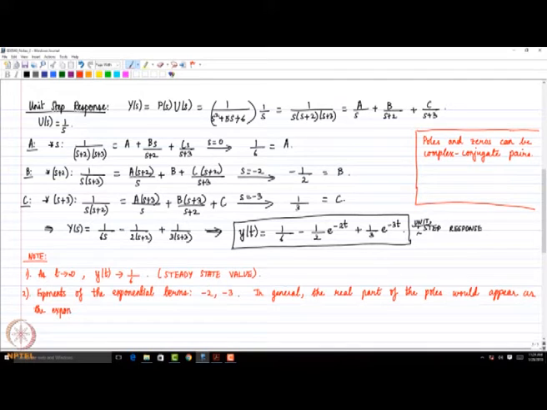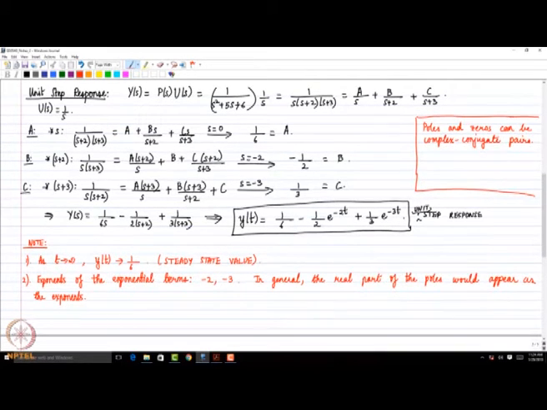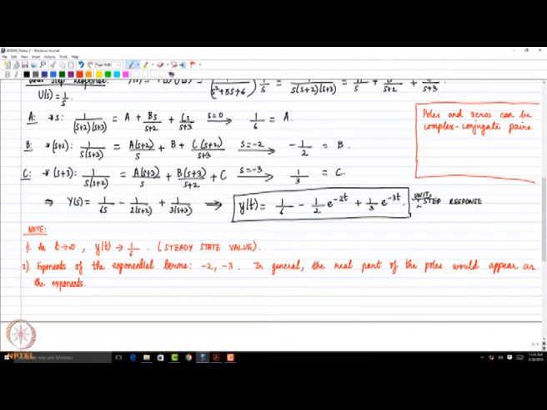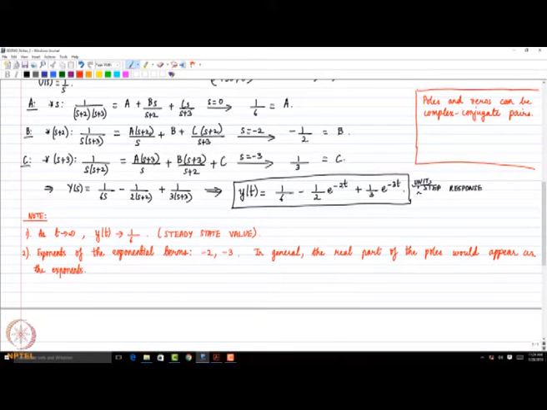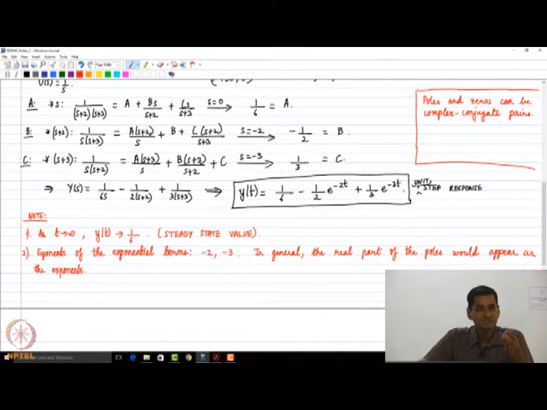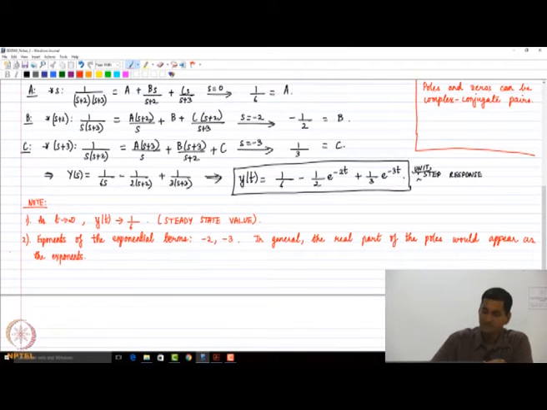Since I have two poles in this example, I am going to have two exponential functions, a linear combination of these exponential terms. The exponents are going to be the real parts of the poles in general. Here we have minus 2 and minus 3. That is a second observation. So what else can we observe?